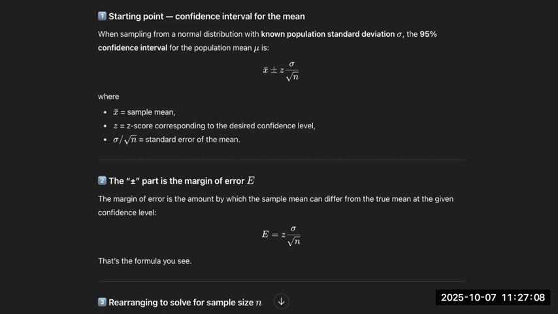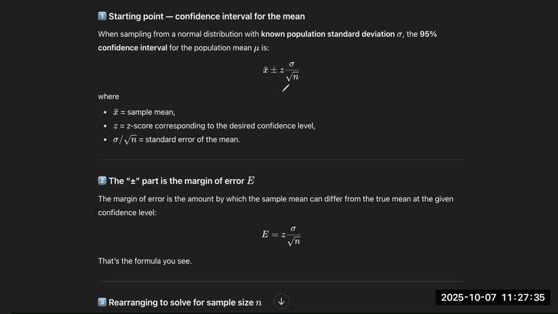So this is the expression for confidence interval. Basically, when sampling from a normal distribution with known population standard deviation sigma, the 95% confidence interval for the population mean mu is equal to this, where x bar is the sample mean, z is the z-score corresponding to the desired confidence interval, and sigma over root n is the standard error of the mean.